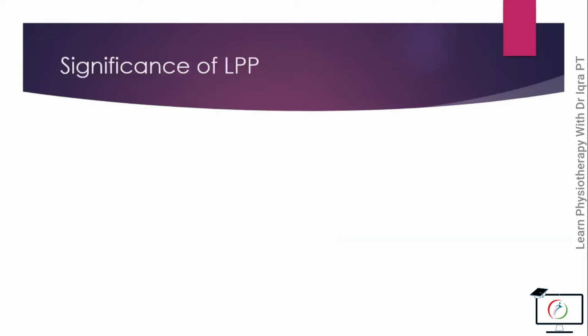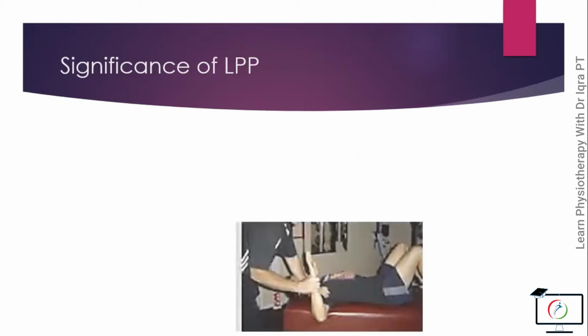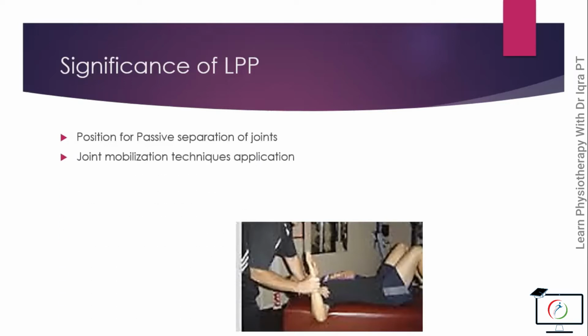What is the significance of loose back position? It is the position for passive separation of joint, and joint mobilization techniques are applied in this position as the surrounding capsule and ligaments are laxed.